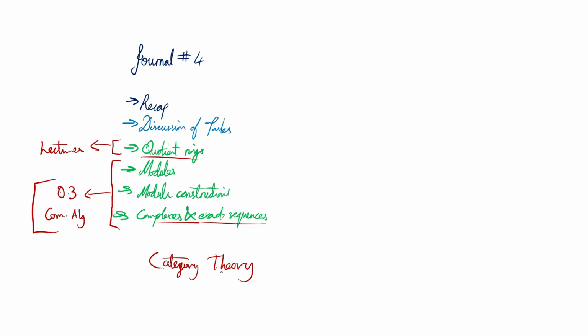How you can define a certain tool within scheme theory via category theoretic language, and that is exact sequences and complexes.